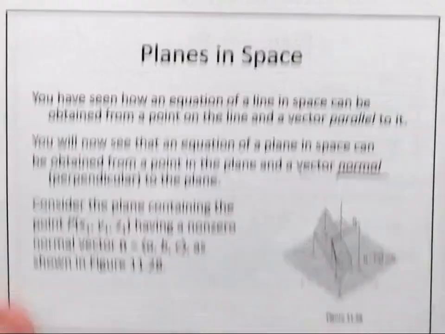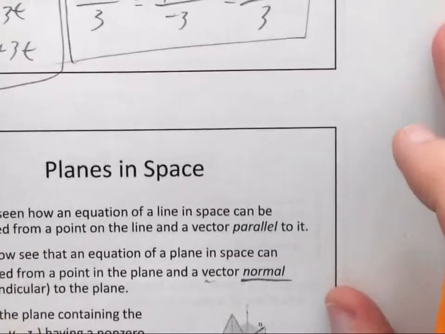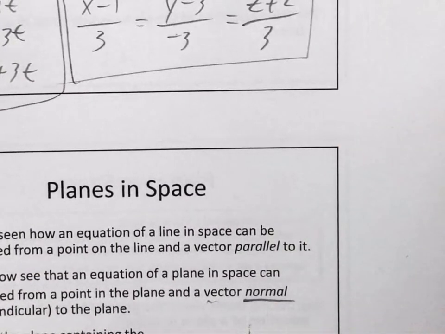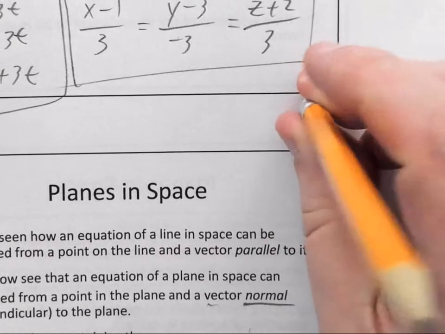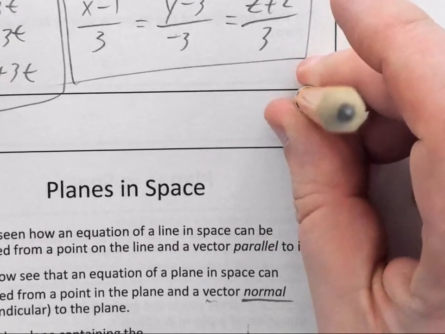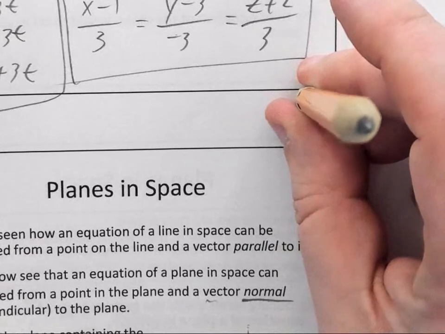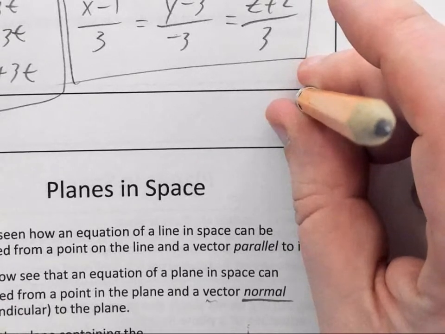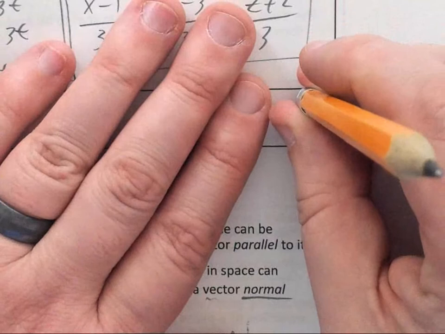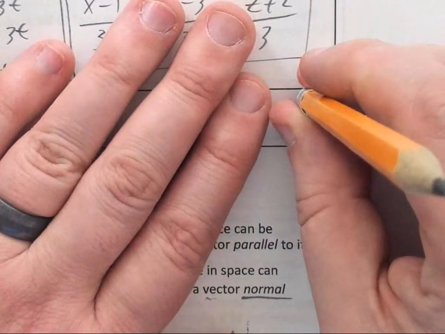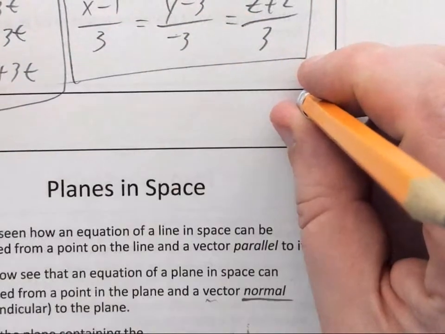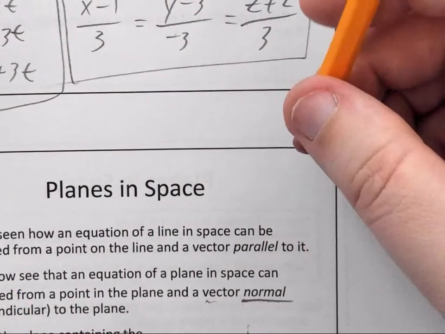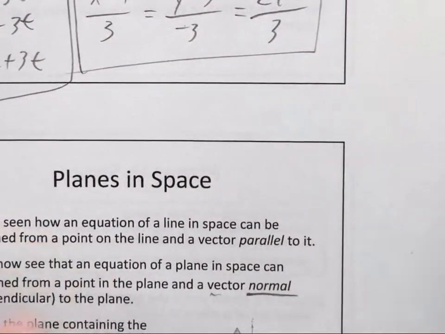If I look at a flat surface, like this paper, I don't want to generate an equation to describe this whole sheet. Instead I describe this vector coming out of it. If I have that vector coming out of it, and I know where it intersects the plane, that's enough to describe the entire plane. Because if I change this angle, the plane's no longer this flat surface.